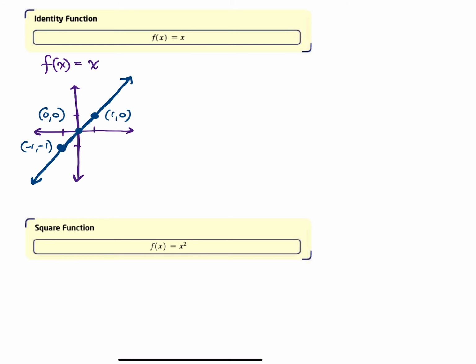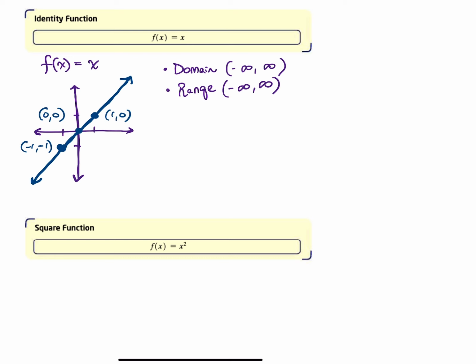So let's list out our attributes. Our domain is from negative infinity to positive infinity. We can plug anything in here. And the range also, starting from the bottom, negative infinity up to positive infinity. Any output is possible.